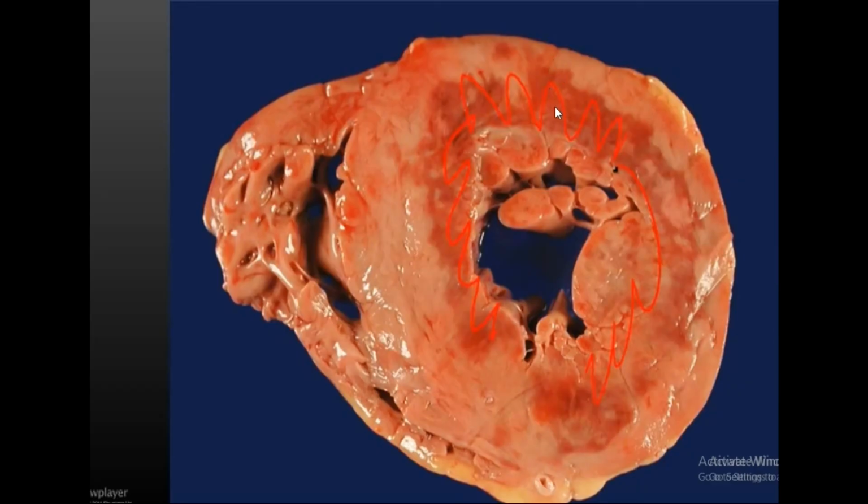Here we can see subendocardial infarction, which means the entire heart wall does not undergo transmural infarction. We can see subendocardial infarction, and also a concentric shape of the heart with hypertrophy and thickened myocardium.